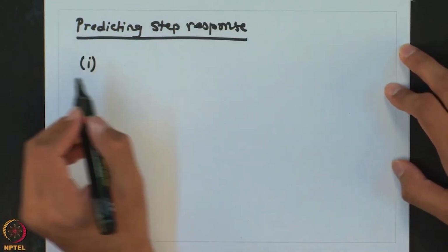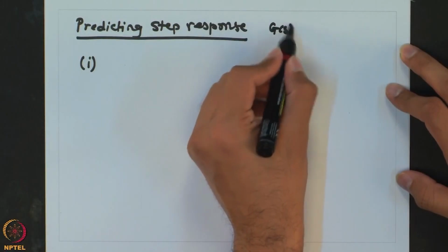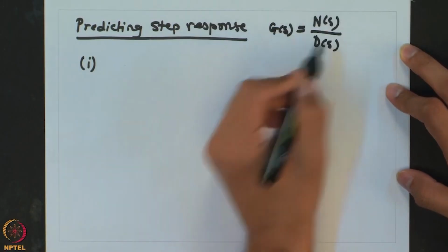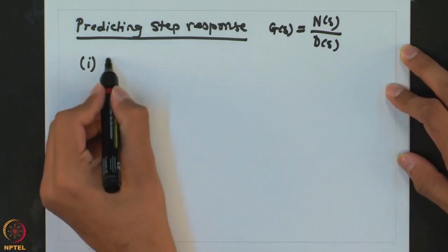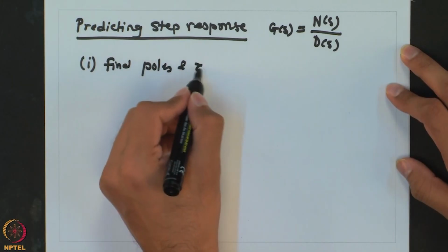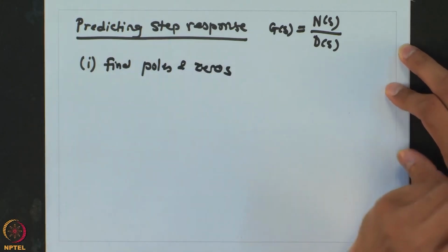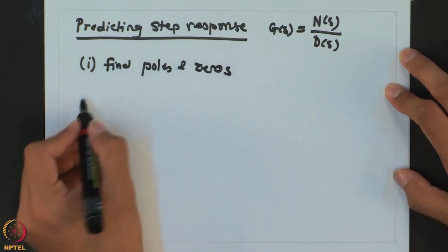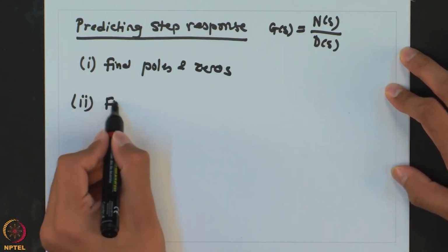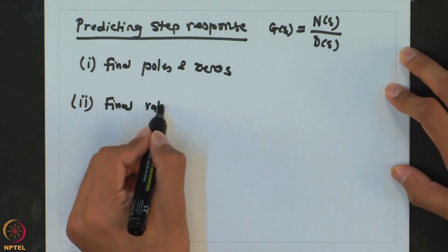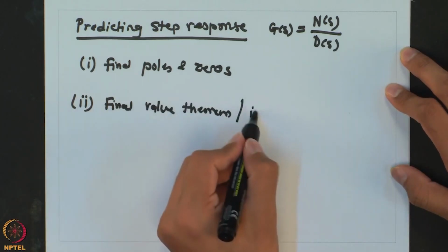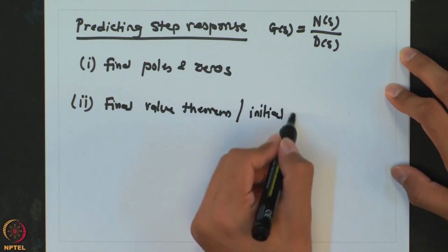Once we have the transfer function, we should be able to predict its step response by using these steps. So, the first step, let us say this is for a transfer function of the form N(s) over D(s), is to find all the poles and zeros, and the next step is you use the final value theorem, and in certain cases initial value theorem as well.